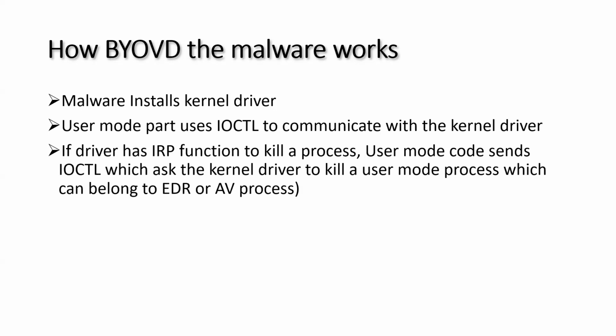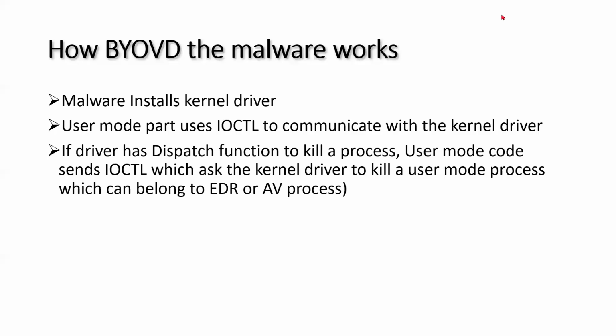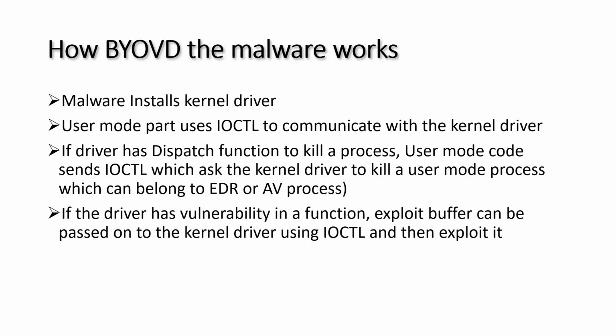If a driver has a dispatch function to kill a process, user mode code sends a corresponding IOCTL, which can ask the kernel driver to kill a user mode process, which can belong to an EDR or AV process. If a driver has a vulnerability in a function, the exploit buffer can be passed onto the kernel using IOCTL, which can further exploit it in order to gain control of the system.